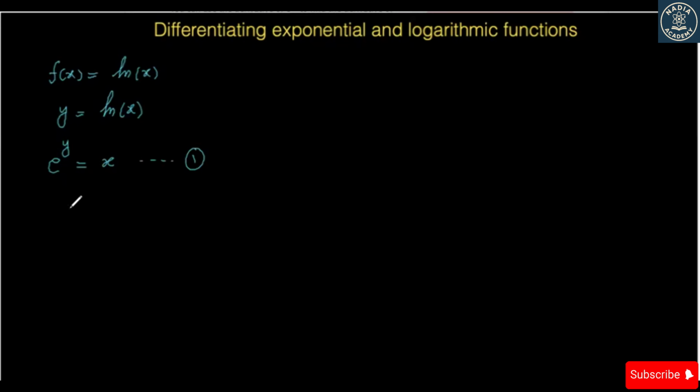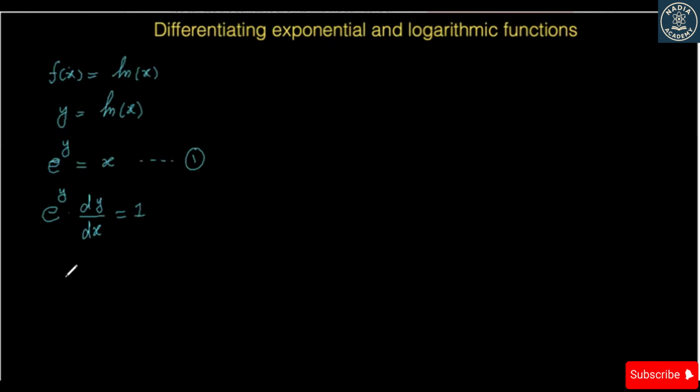If we differentiate it, then we just proved that for exponential functions, their first order derivative is actually the same. So we will get e power y times dy over dx, because this function is actually a function of x, so we want to find dy over dx. y is a dependent variable, so we will have dy over dx here, that is equal to the derivative of x, which is 1.